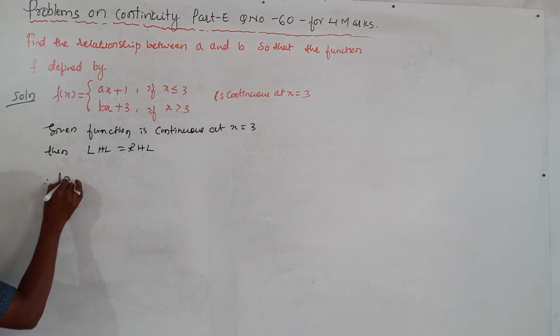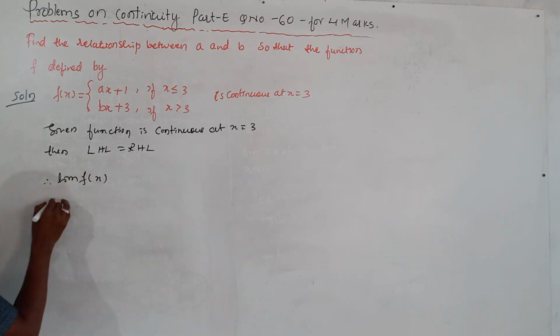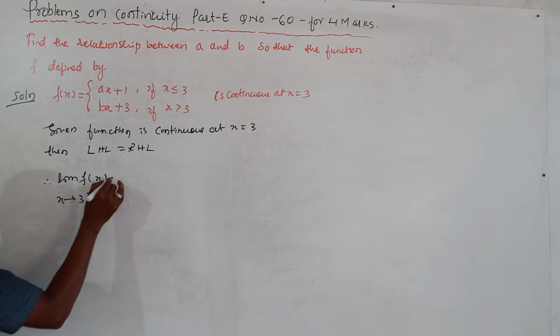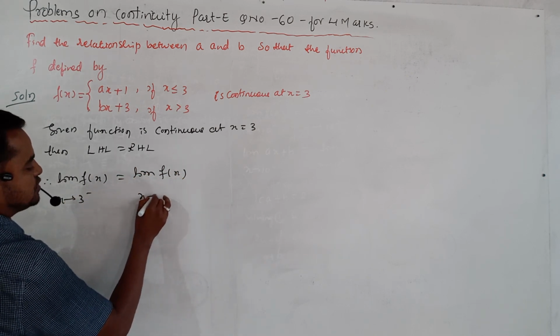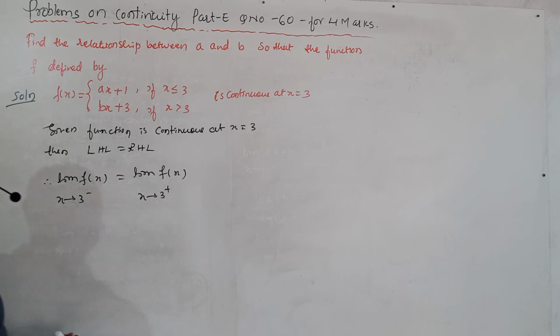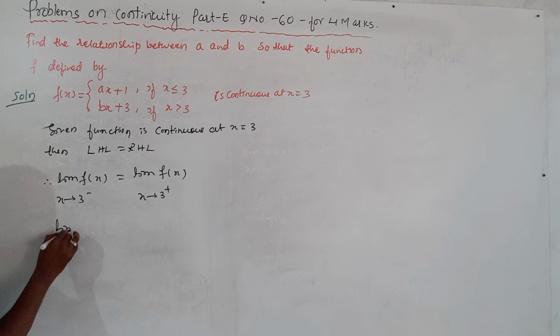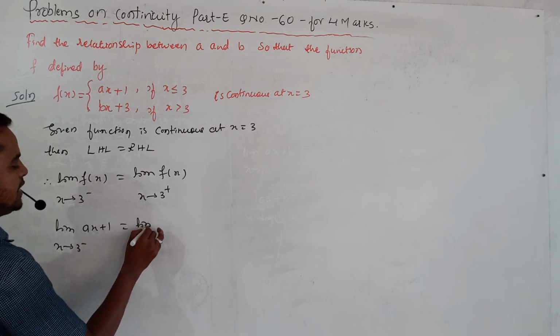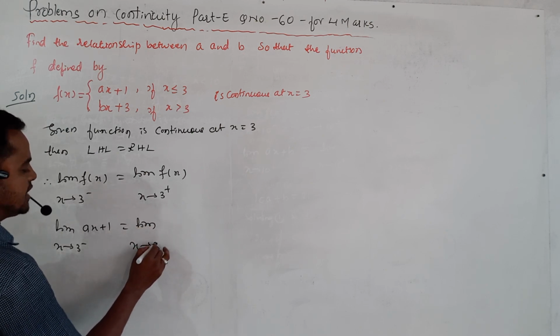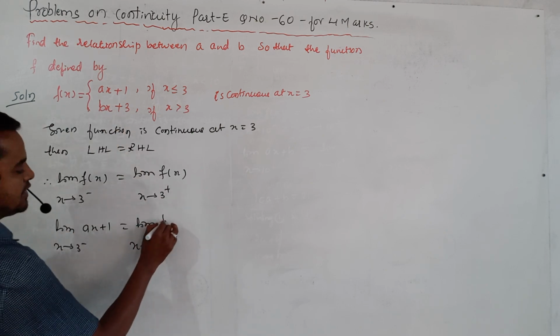Therefore, the limit of f of x as x tends to 3 minus equals the limit of f of x as x tends to 3 plus. 3 minus means ax plus 1, so the limit of ax plus 1 as x tends to 3 minus equals the limit as x tends to 3 plus, which means bx plus 3.